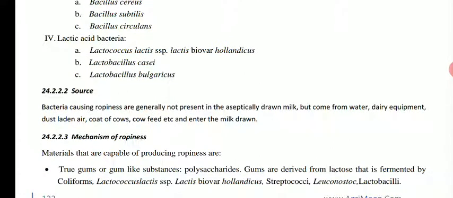Then sources. From which sources can these ropiness causing bacteria enter into the milk?